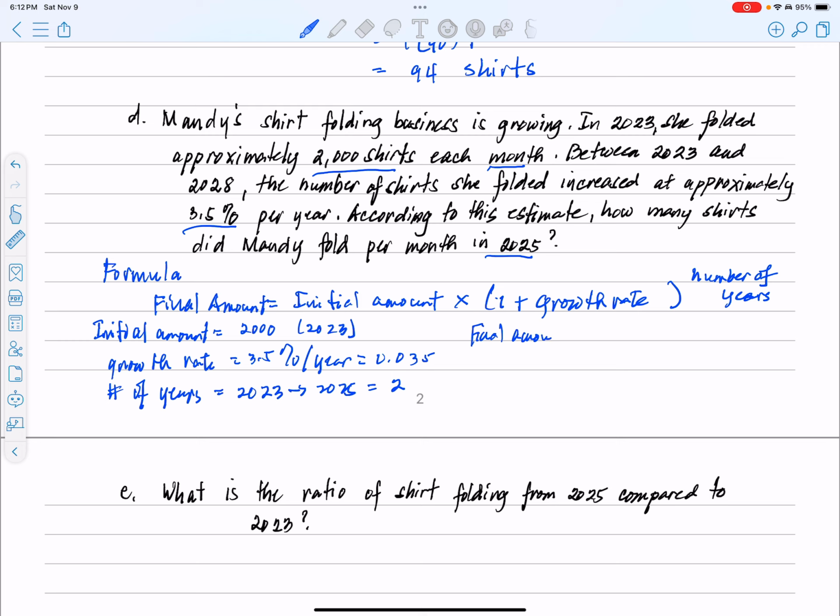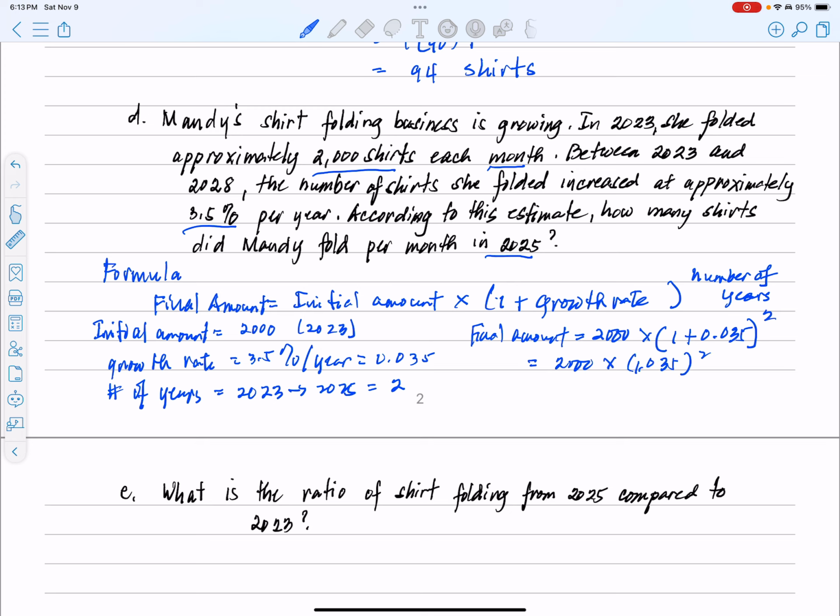Okay, so the initial amount, that is 2,000, times the growth rate, that would be 1 plus 0.035, to the power of the number of years, which is 2. So we'll evaluate. That would be 2,000 times 1.035 to the power of 2.